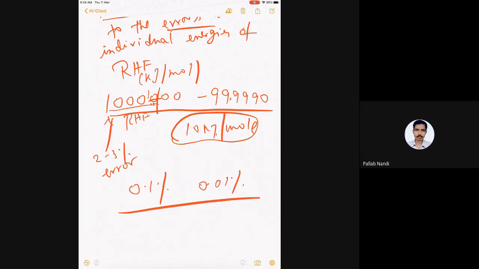So you can imagine, even that is not allowed. Hoping for an error cancellation, there will be some error cancellation. Typically 0.01%. And as large a system is, it's very, very hard to achieve this error.